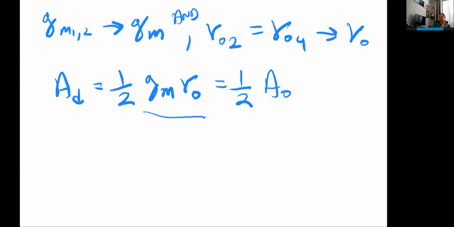So by converting the output from differential to single-ended, I give up half the gain essentially, and that makes sense because I'm throwing away the other half of the differential output essentially.